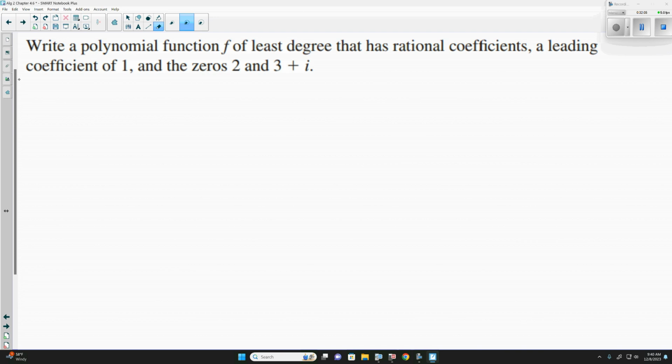They told us the zeros, that x is equal to 2, and x is equal to 3 plus i, and because of our complex conjugates theorem, since 3 plus i is a solution, it means 3 minus i is also a solution. If we have one, we have to have the other.